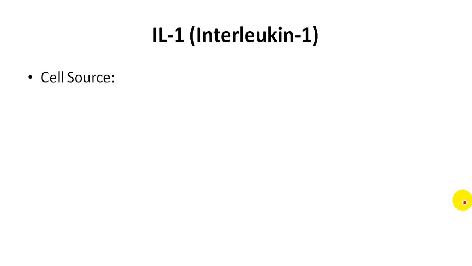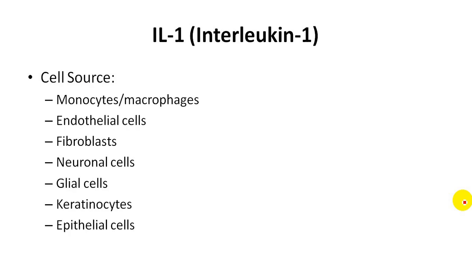So first let's understand what is the cell source of interleukin 1. There is a wide range of cell sources for interleukin 1: the monocytes, the macrophages, endothelial cells, fibroblasts, neuronal cells, glial cells, keratinocytes, and epithelial cells.